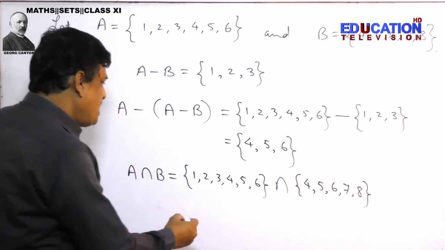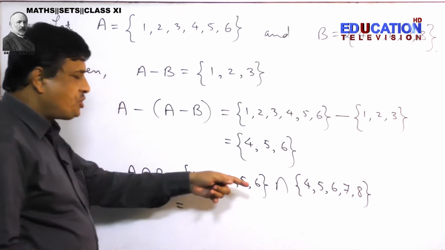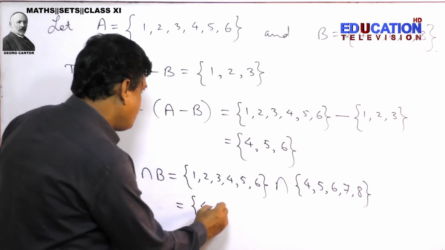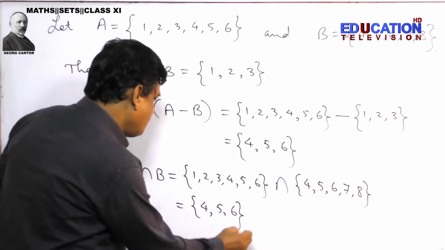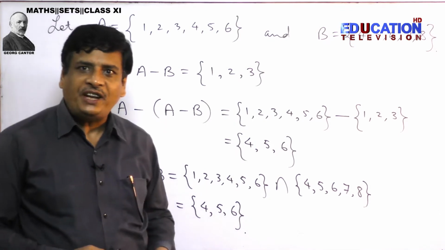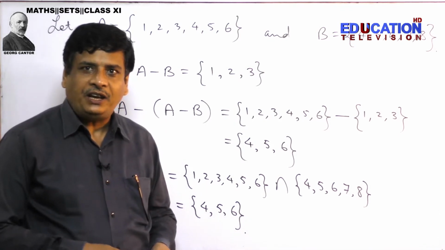The common elements are in these two sets, so these two sets are equal, A minus B and A intersection B.